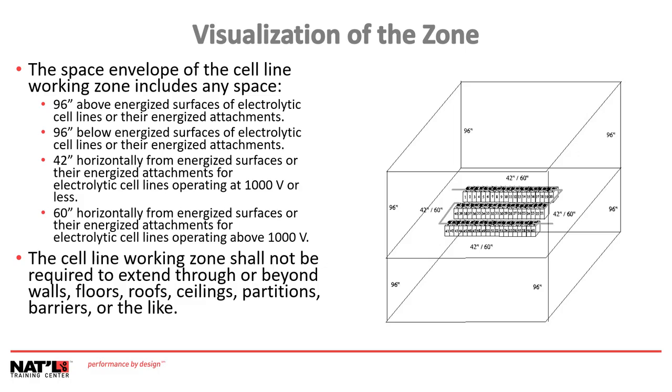The space envelope of the cell line working zone, as shown in this picture, includes any space 96 inches above energized surfaces of electrolytic cell lines or their energized attachments, 96 inches below energized surfaces of electrolytic cell lines or their energized attachments, 42 inches horizontally from energized surfaces or their energized attachments for electrolytic cell lines operating at 1000 volts or less, and finally, 60 inches horizontally from energized surfaces or their energized attachments for electrolytic cell lines operating above 1000 volts.